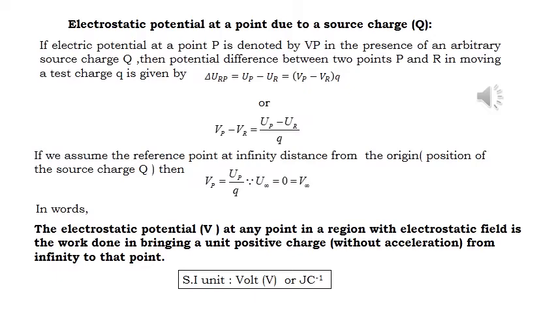The SI unit of electrostatic potential is volt, or joule per coulomb, joule coulomb inverse.